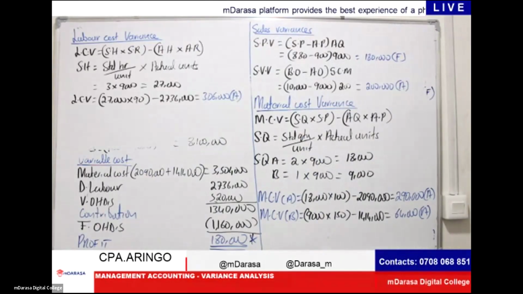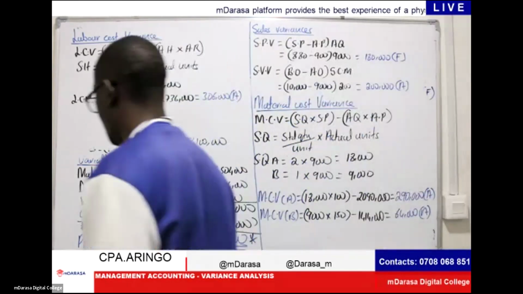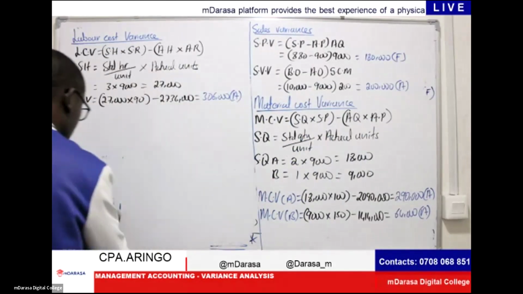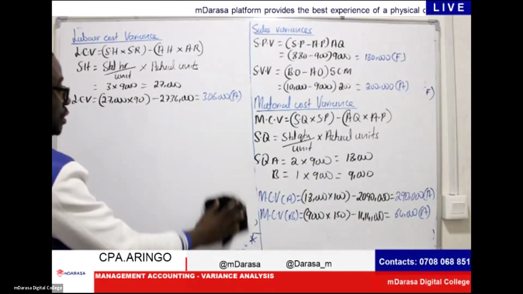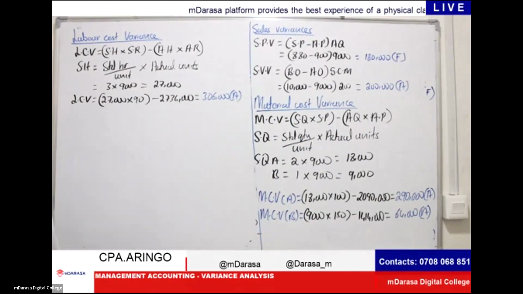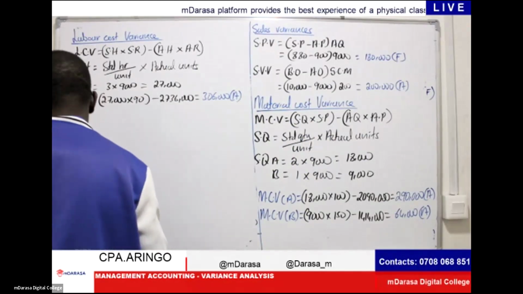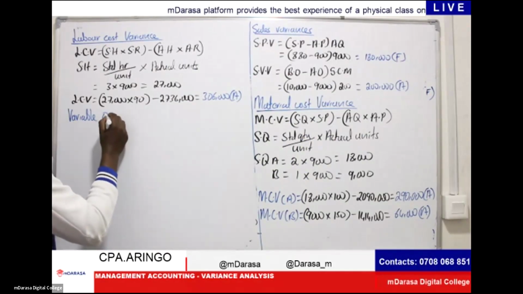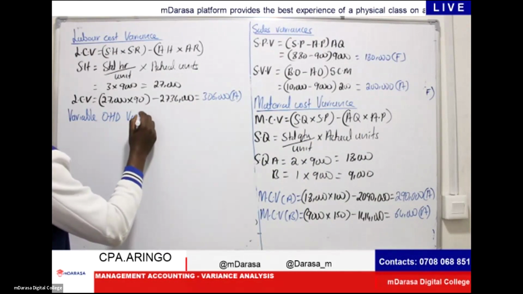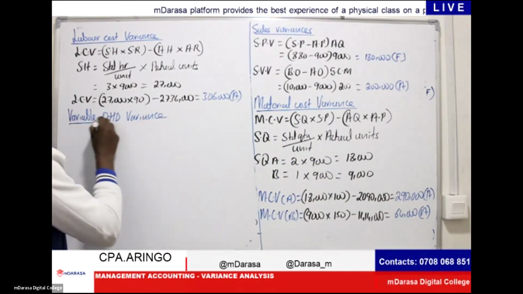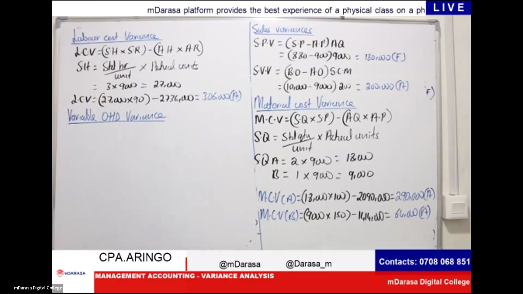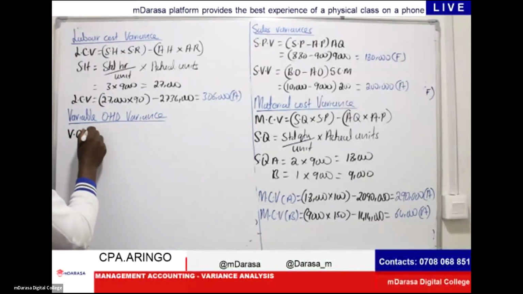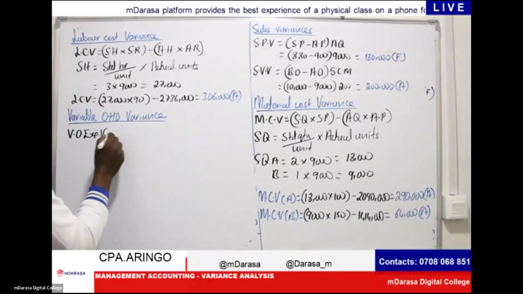So once we have that case, the next item to consider is the variable overheads variance. Consider your variable overhead variance. We start with the first one, which is the variable overhead expenditure variance.